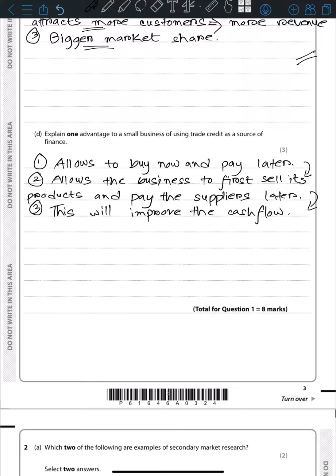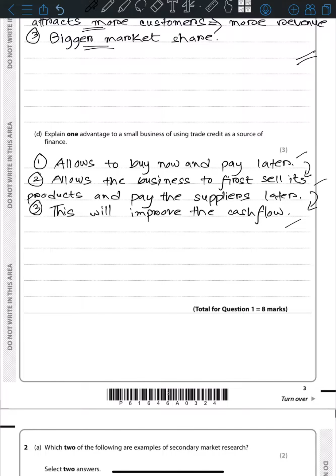That's it. 3 marks, 3 points, same drill. First point is identification of my benefit. Second point is a further analysis of why this is a benefit. And the third point is how we are going to use this benefit to make better things for our business.